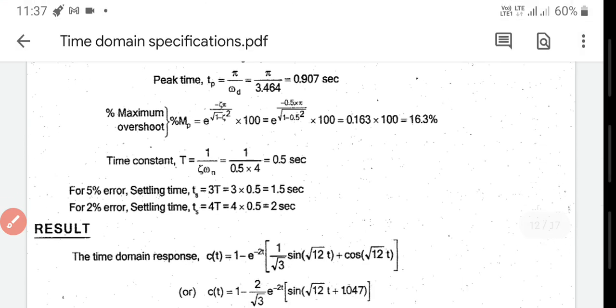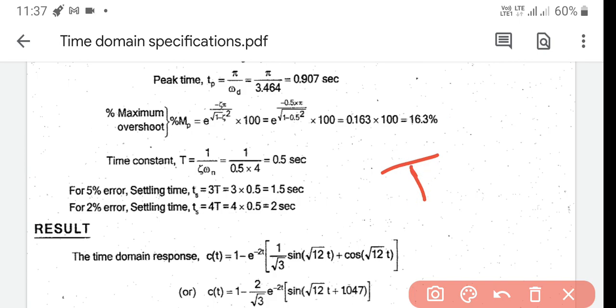Similarly, for settling time ts, I have derived the expression for 2% error and 5% error, right? So ts is equal to 3T for 5% of error and 4T for 2% of error. What is T? It is nothing but the time constant.